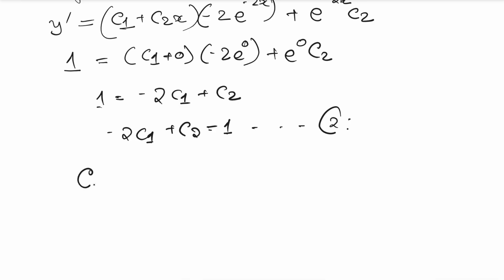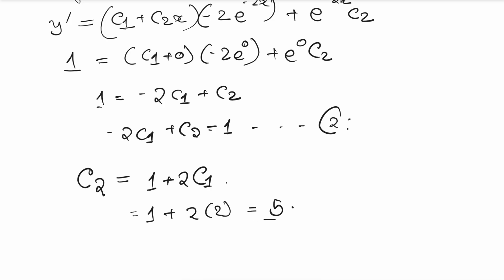So we have the value of c1 already. c2 is equal to 1 plus 2 c1, so it is equal to 1 plus 2 times 2, which is equal to 5. So the value of c2 is 5 and the value of c1 is 2.